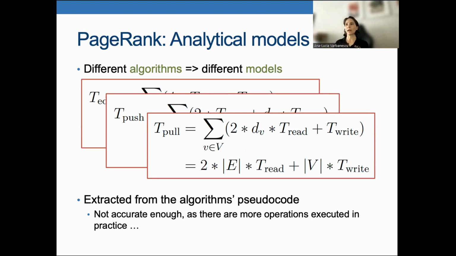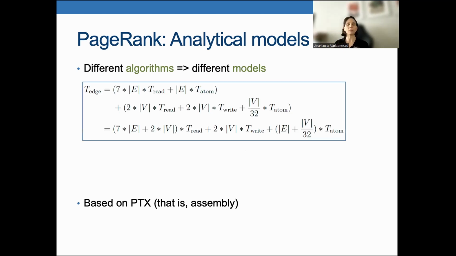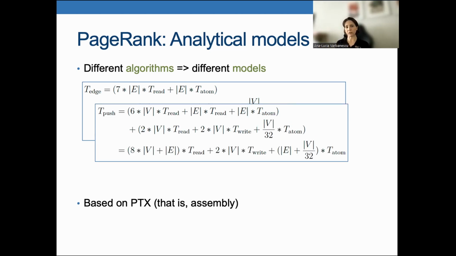This was still a GPU implementation. We looked at the actual implementation and found out that, with a little bit of pen and paper, we could extract a fairly accurate performance model in terms of the number of operations.